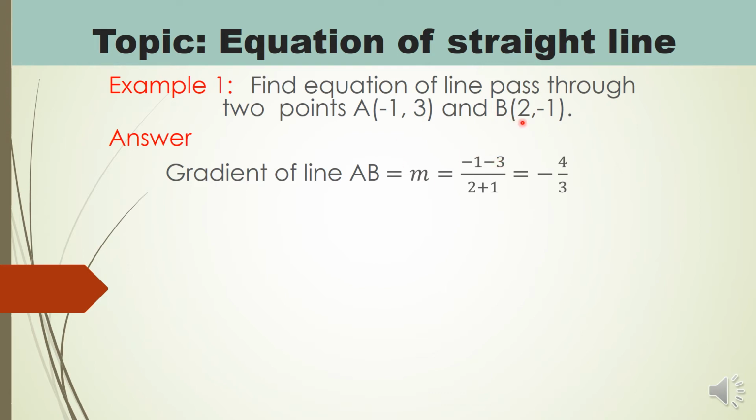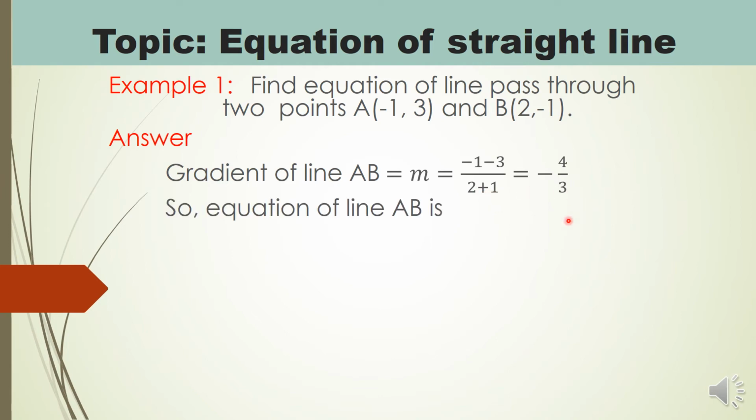And x2 equals 2 and x1 equals minus 1. So x2 minus x1 is 2 minus minus 1, which becomes plus 1. So we obtain the numerator minus 4. The minus sign can be put here, and then the numerator becomes 4 and the denominator is 3.